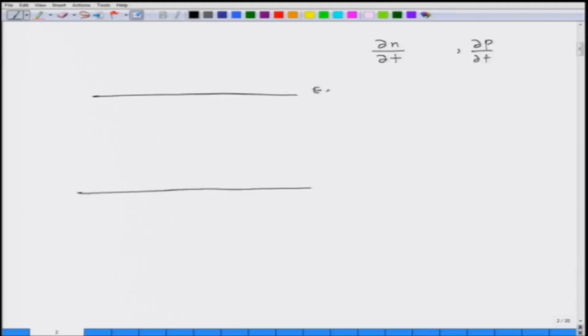If this is the conduction band, this is the valence band, and there is an RG center here, then one thing it can do is capture an electron. So, an electron can be captured by this RG center. This is one process, which is capture of an electron. The other thing it can do is, if it has a captured electron already, it can re-emit that electron. That is a second process, emission of an electron.